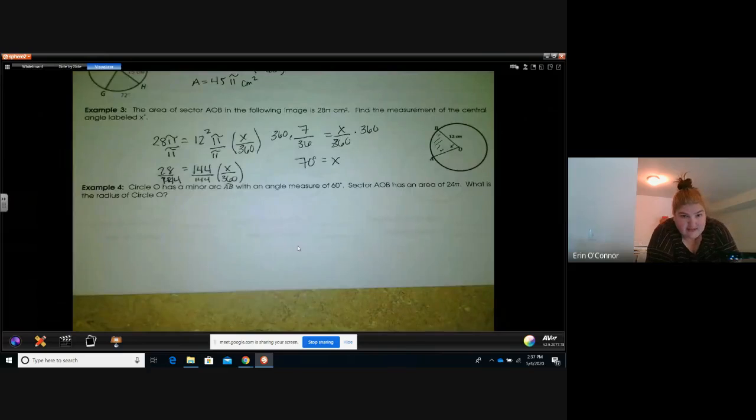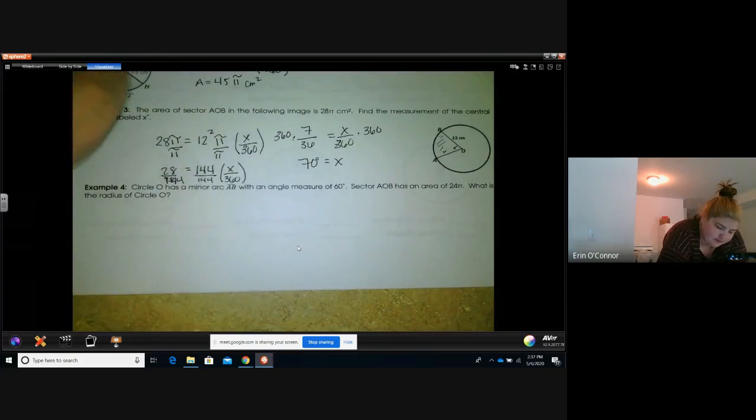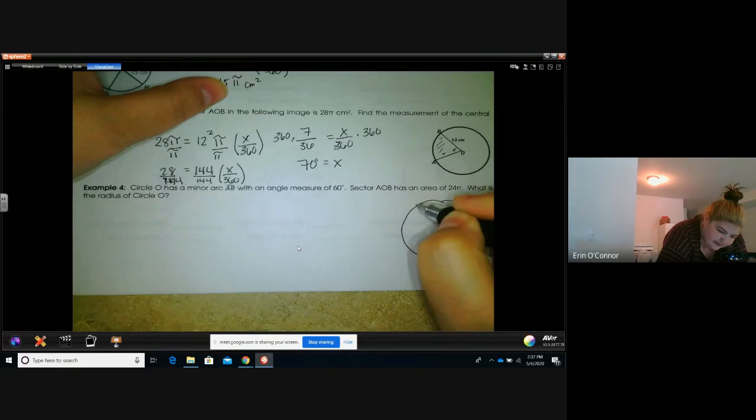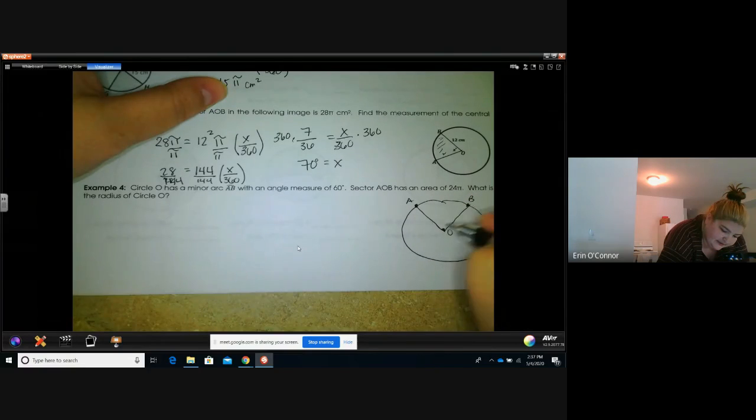Okay. And the last question. Circle O has a minor arc, minor being less than 180, AB. So let's draw this. We have circle O, a minor arc AB, with an angle measure of 60 degrees. So this is 60 degrees. It's not drawn to scale.